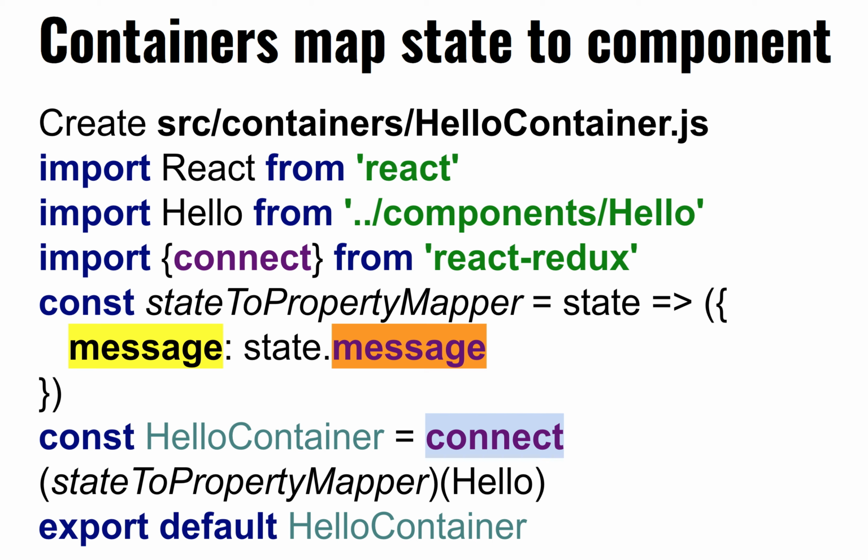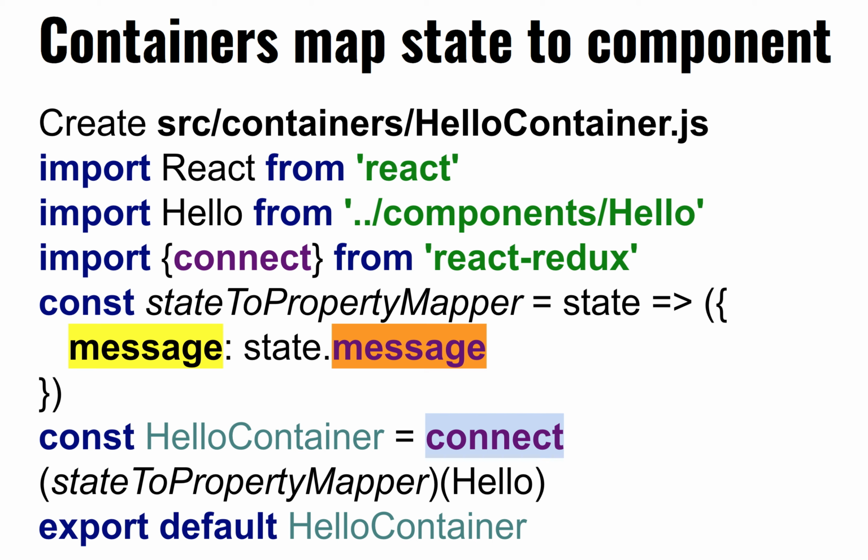So that function right here is responsible for massaging the state that is coming out of the reducer and on its way to the component. Everybody okay? So, like the name suggests, this is a mapper that maps the state that comes from the reducer into the properties that the component is expecting.